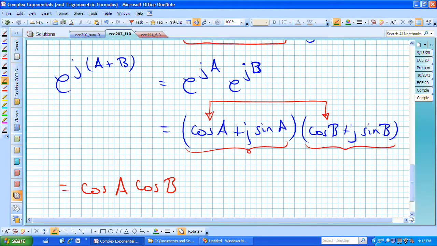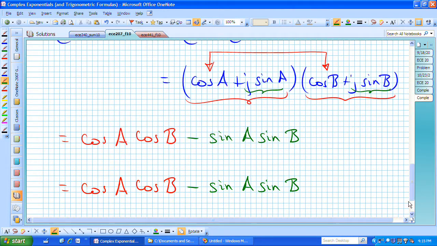And hopefully you can see that when we multiply j sine b times j sine of a, the j's become j squared, that's just minus 1, and we now have minus sine a sine b. That is just 2 of the 4 product terms.